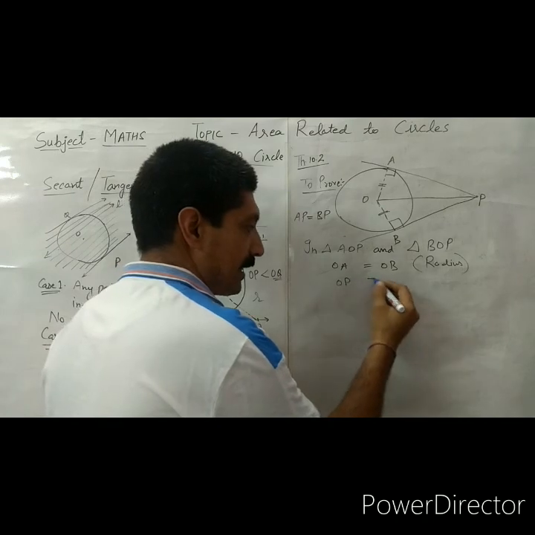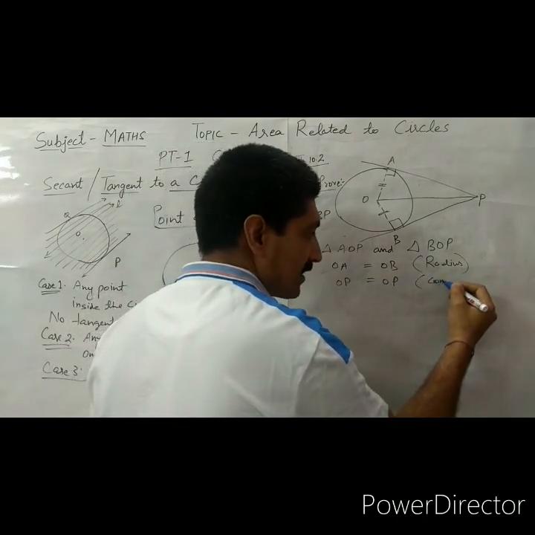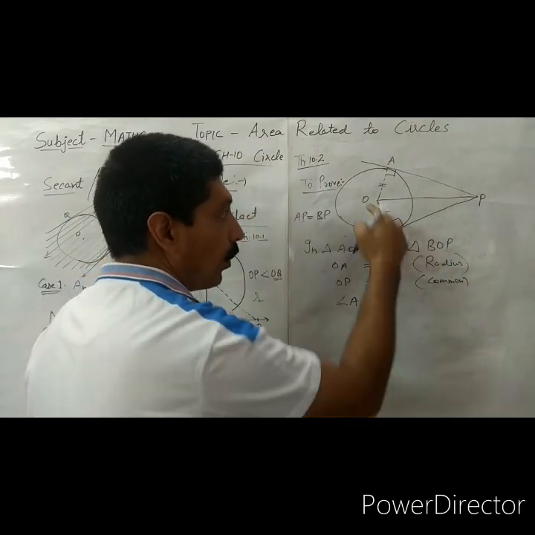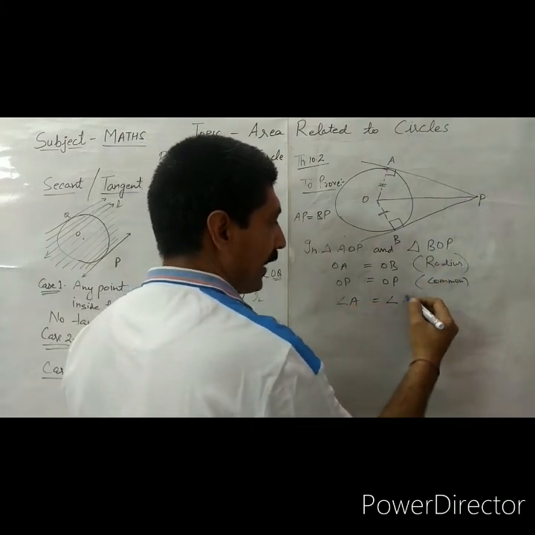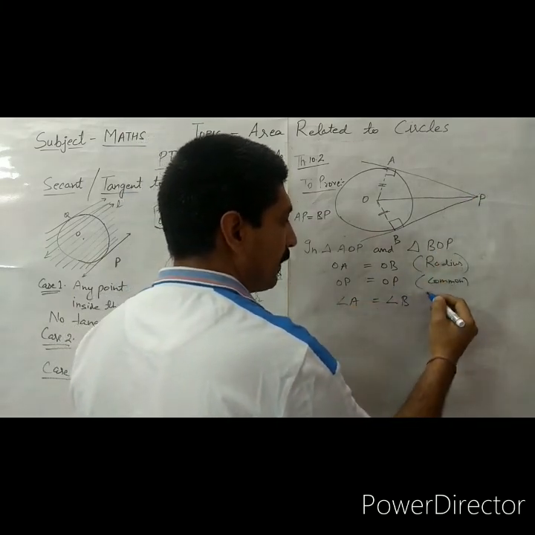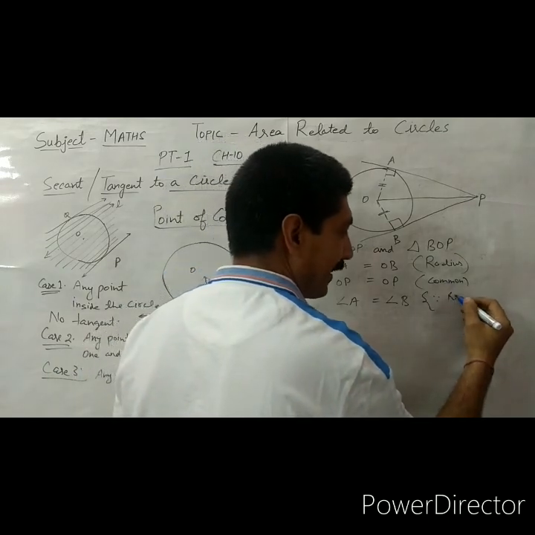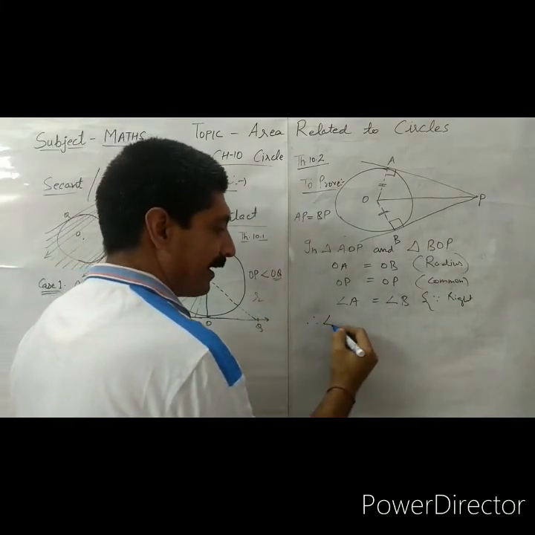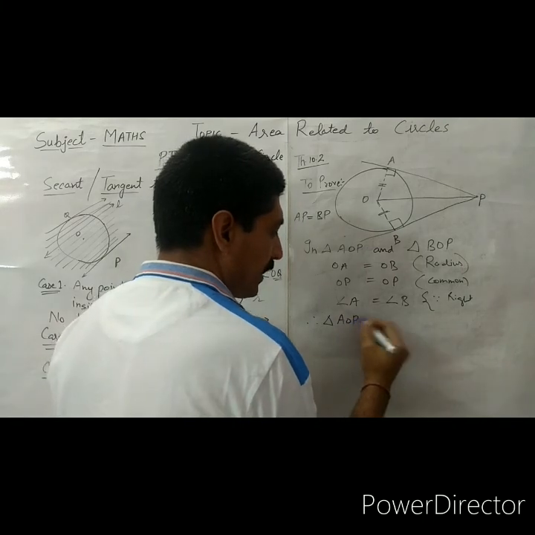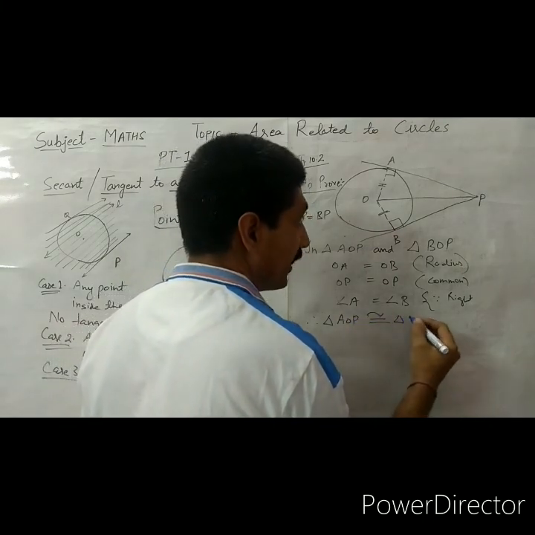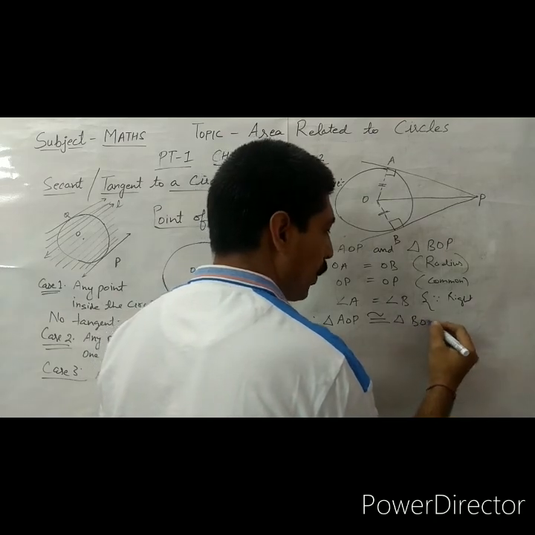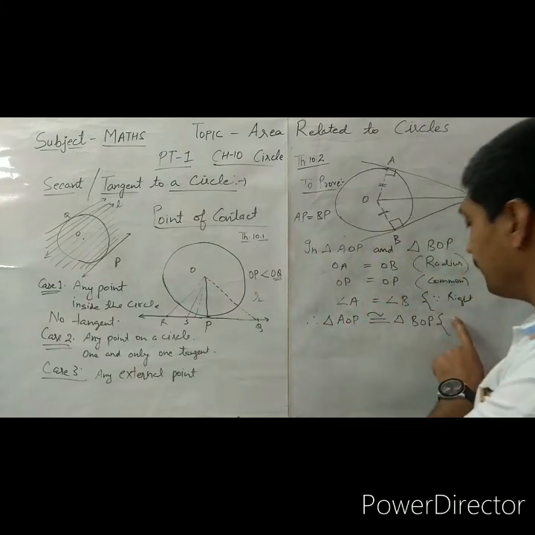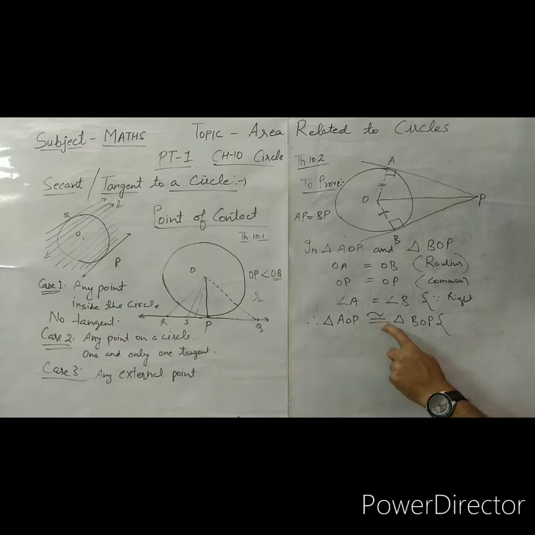OP is equal to OP, this side is common to both triangles, whereas angle OAP is equal to angle OBP, because both are right angles, as theorem 10.1 says. So therefore triangle AOP is congruent to triangle BOP. The reason here is very important, and I am talking about congruency.